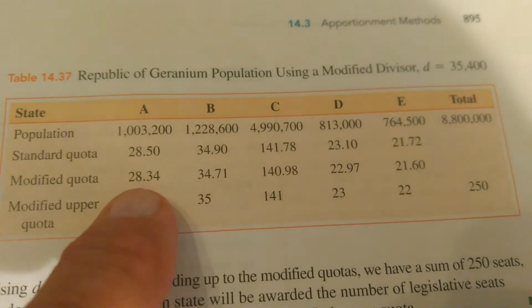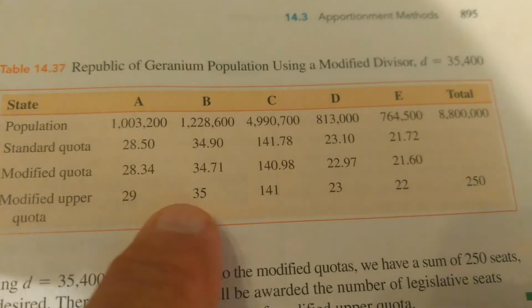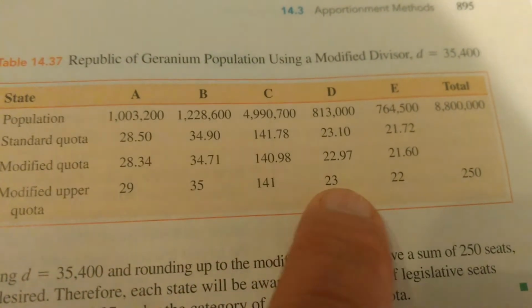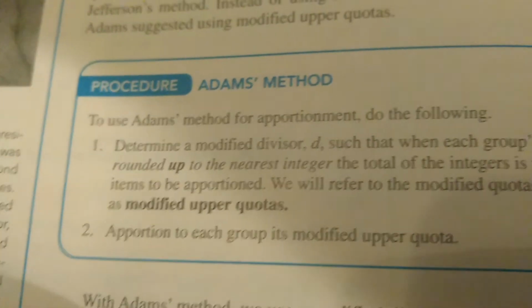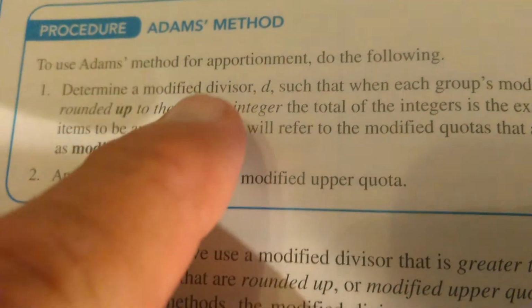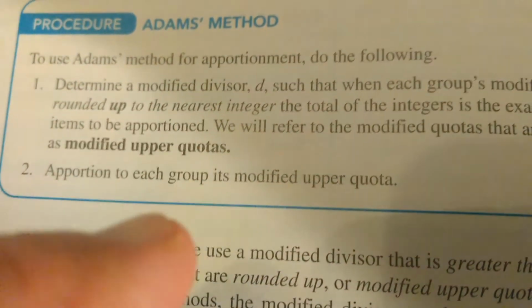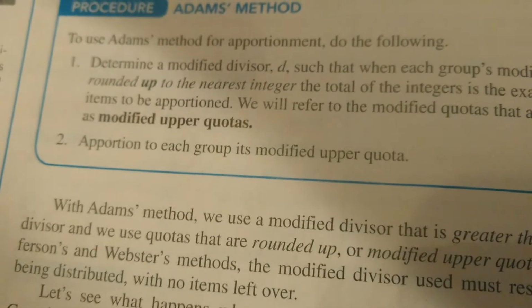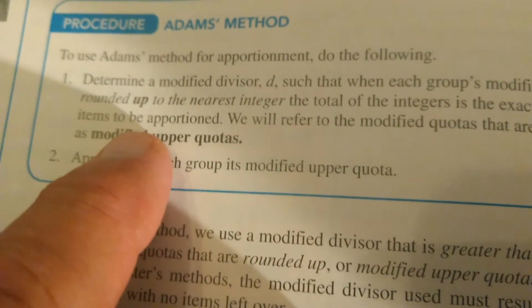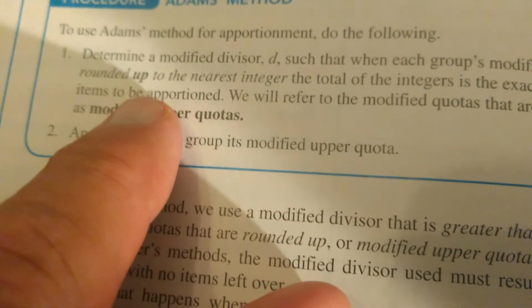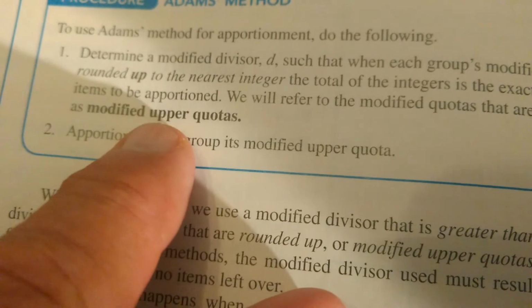So this 28.34 becomes 29, 35, 141, 23, 22. When we add them, we get 250. So in Adams' method, we're going to modify the divisor by raising it higher. And then we're going to round all of our quotas up. We're going to use an upper quota.